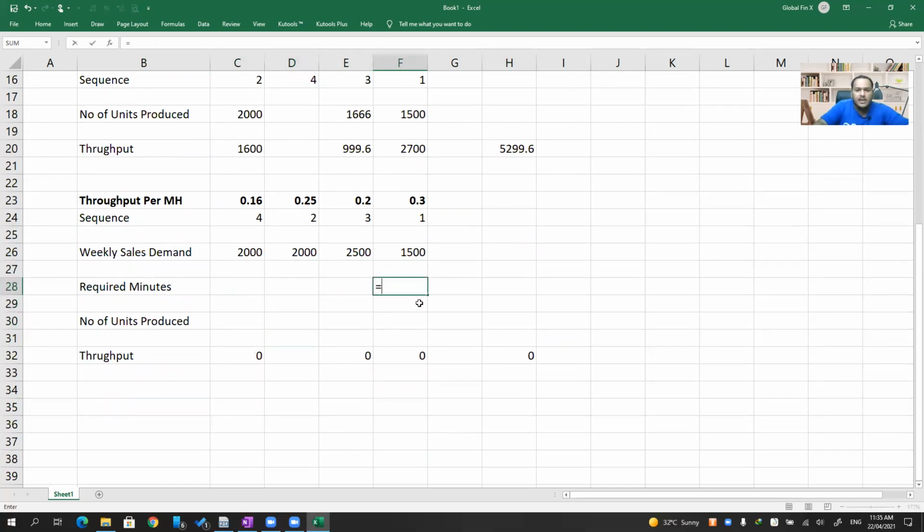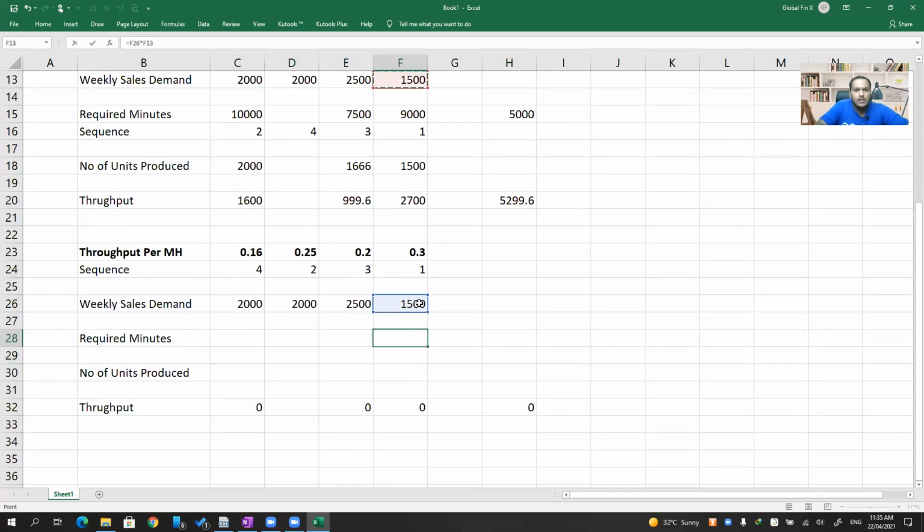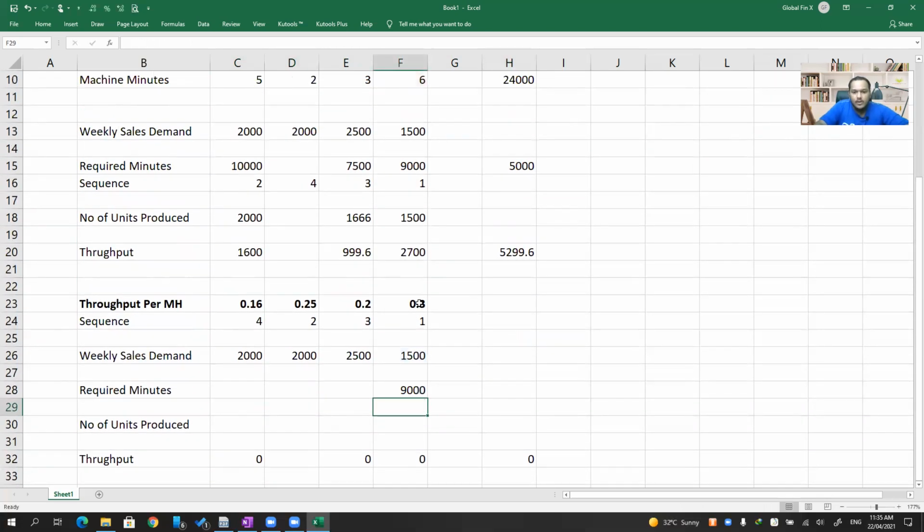First I'll produce 1500 into how many minutes per unit? 6 minutes. So I'll calculate the remaining. I have 24,000 total minus 9,000 minus 2 minus 3 minus 4 if I'm going in that sequence. So I still have 15,000 minutes remaining. Then if I go to produce product B, 2,000 units into 2 minutes per unit, 4,000 is gone.